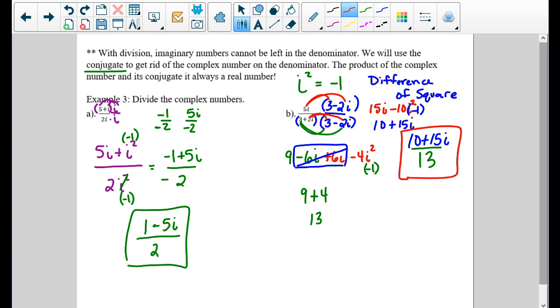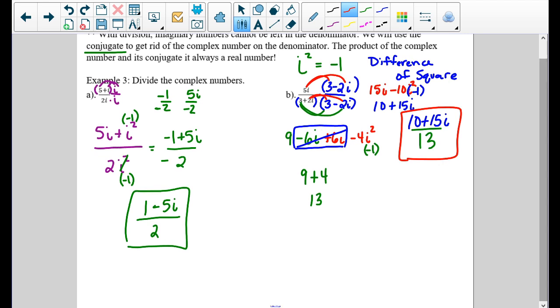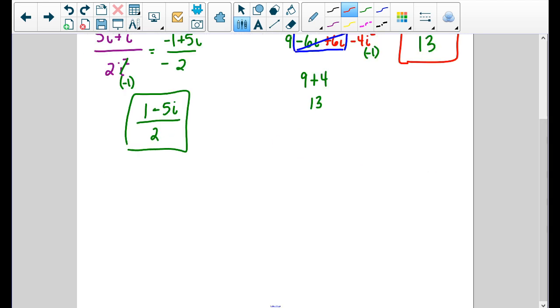Again, I'll give you an example here. Maybe, for example, what happens if I would end up with something like 10 minus 4i all divided by 2? Well, 2 goes into everything. 2 factors into everything.